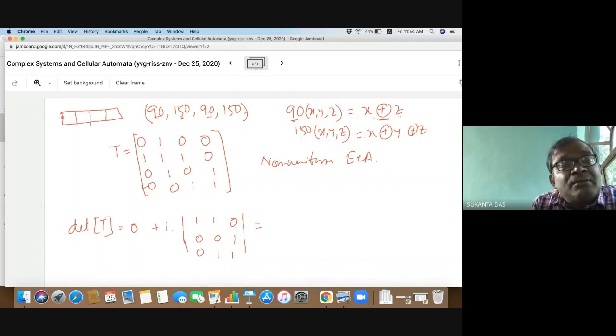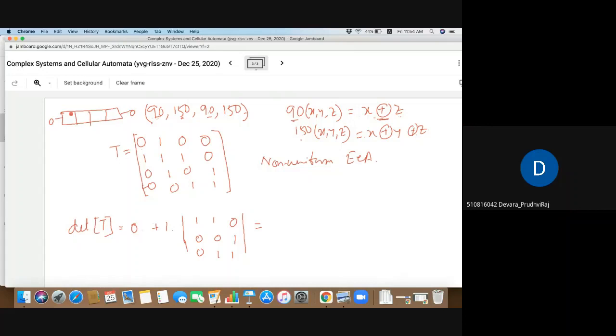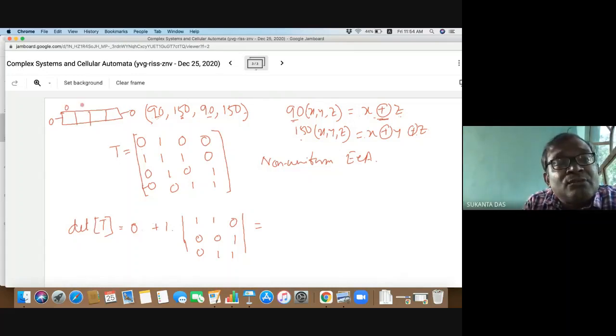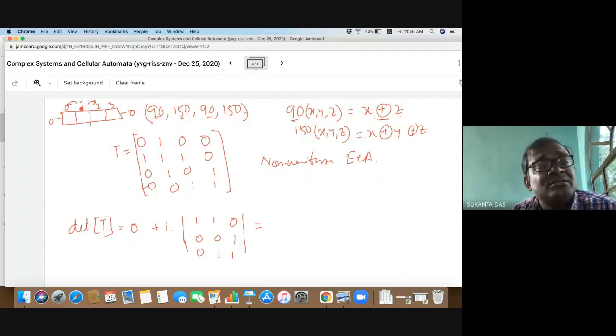It is null boundary, so left 0, right 0. So here cell 0, cell 1, cell 2, cell 3. A cell number 1 can depend on its left neighbor, self, and right neighbor. Sometimes a cell may not depend on all of its 3 neighbors, but may depend.